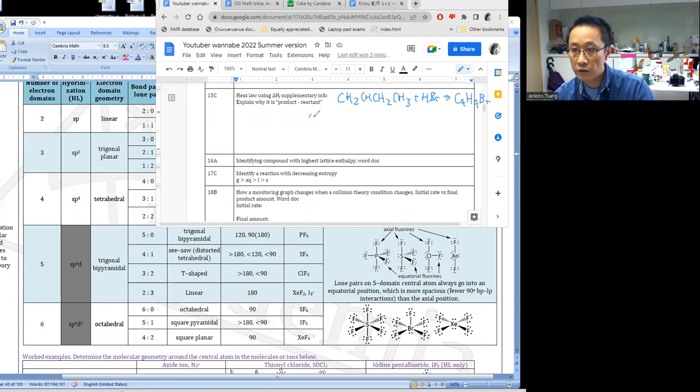And then the delta HFs are given. The alkene is 0.1, HBr is negative 36.3, and then the product is negative 156.0. There's a general formula that if you guys can remember is this.